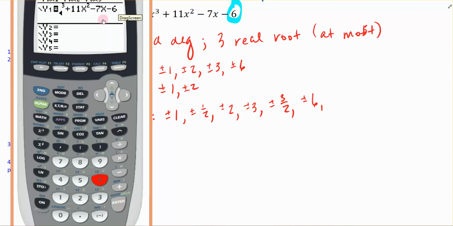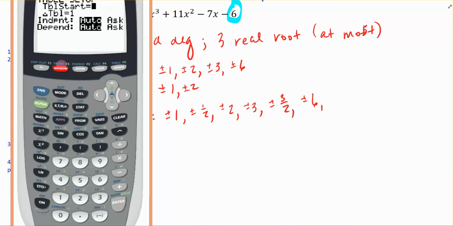To do that, I need to set something up on my table function. I'm going to click second window, and arrow down until I get to the independent variable. I want to set it to ask, and that way it's going to ask me for an input for this x value.